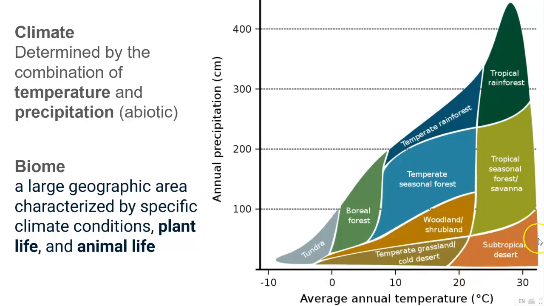You can have similar temperatures in the subtropical desert as you would see in the tropical rainforest, but the amount of water determines whether it's a rainforest or a desert. So that's kind of interesting. Okay, so the biome is going to be a large geographic area. There are several of them listed here, and they are characterized by specific climate conditions, plant life, and animal life.